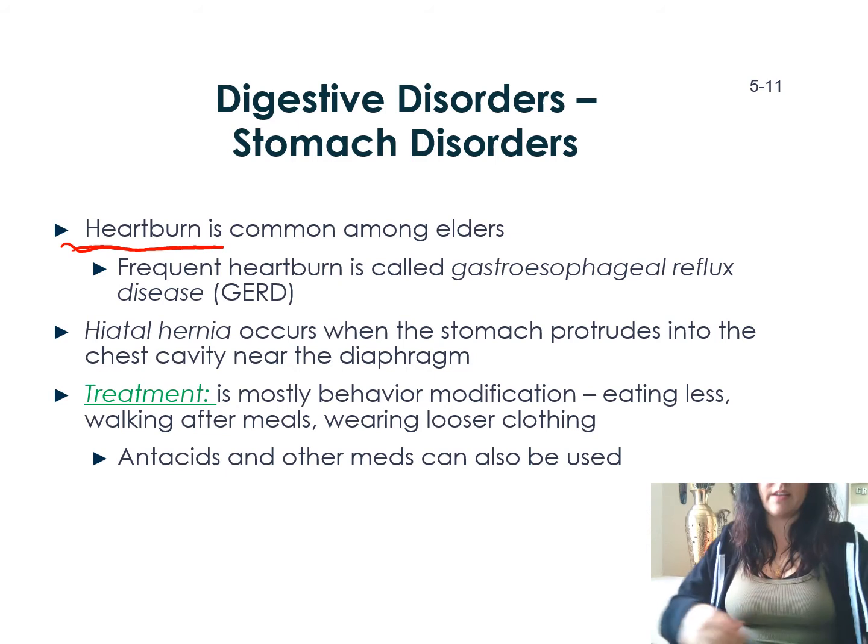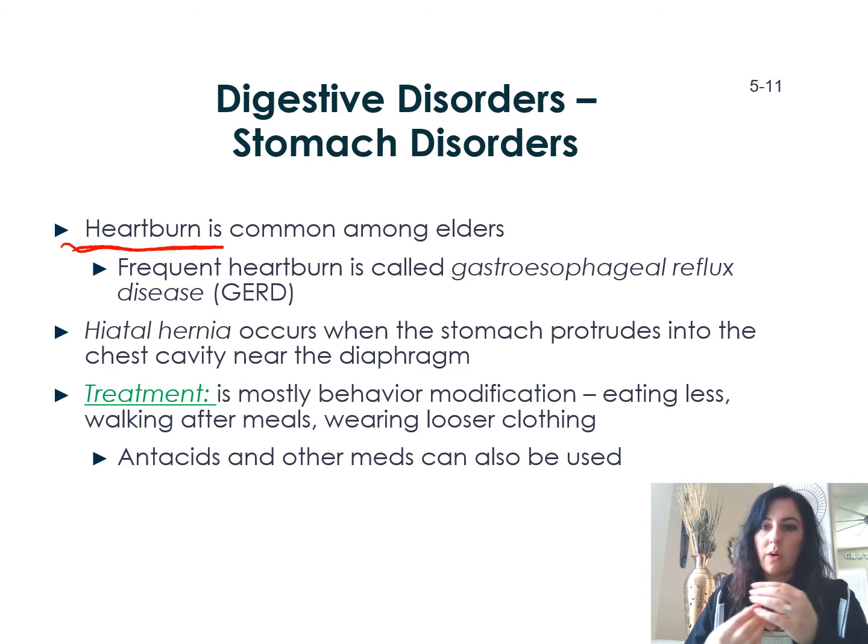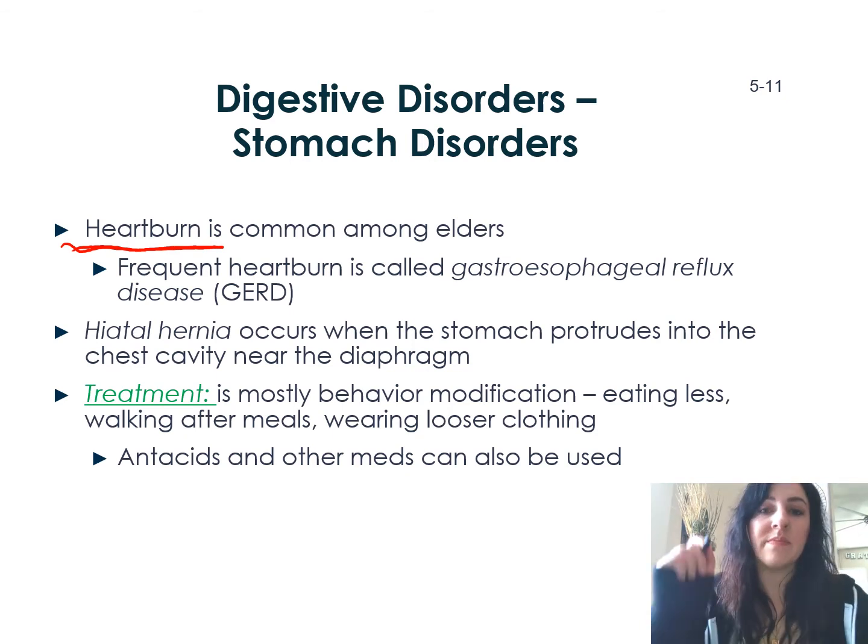If your stomach, so some of your stomach is going to actually, there's a hole in your stomach, goes into the chest cavity. Okay, and when that happens, you are in serious pain. Okay, it burns really bad.